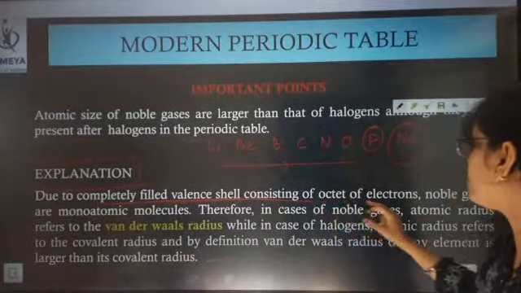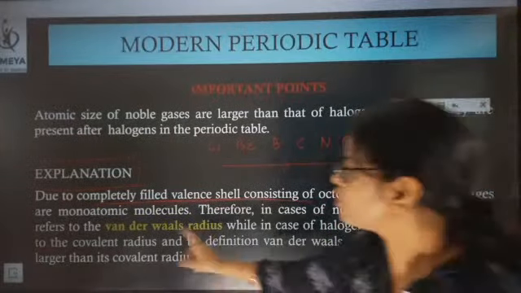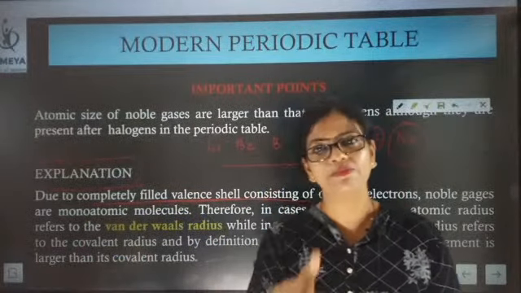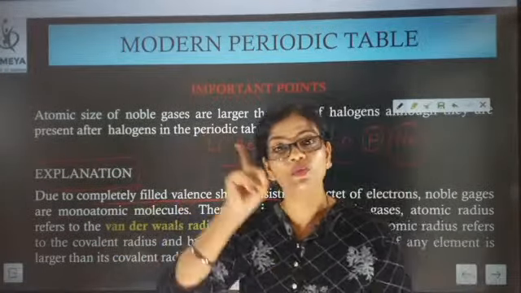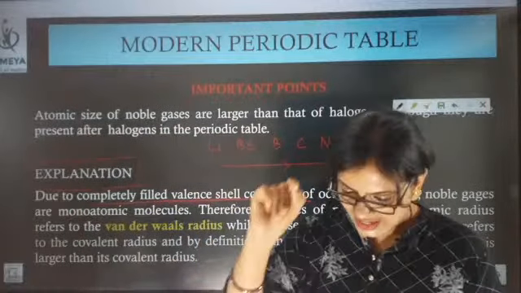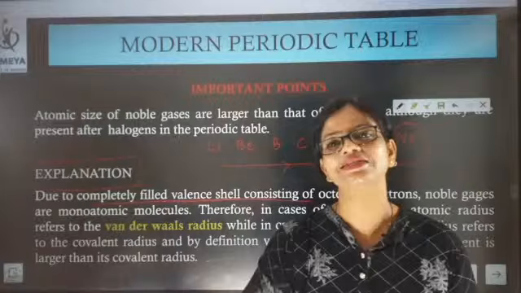So noble gases, consisting of an octet of electrons, are monoatomic molecules. Please kindly remember this point, that noble gases are monoatomic molecules. I want you to write this in the examination.